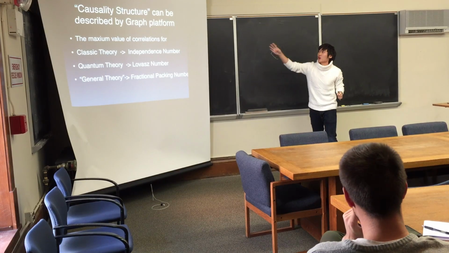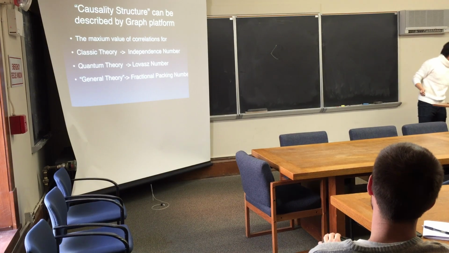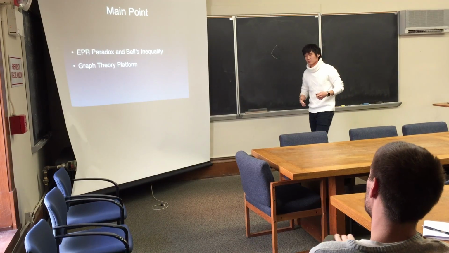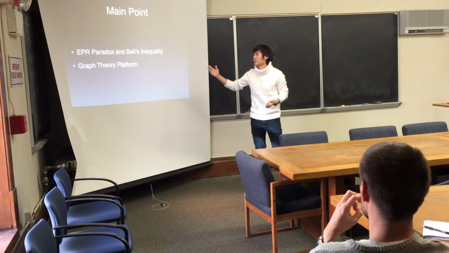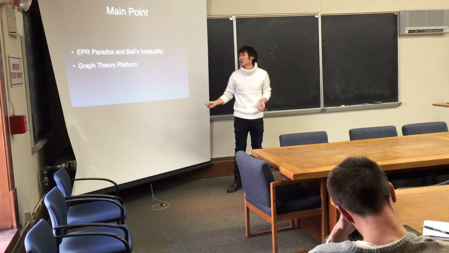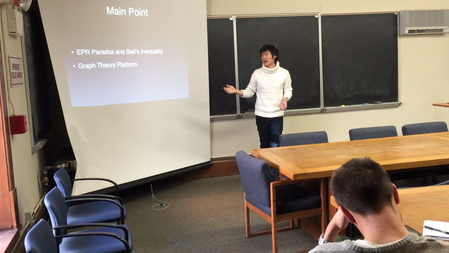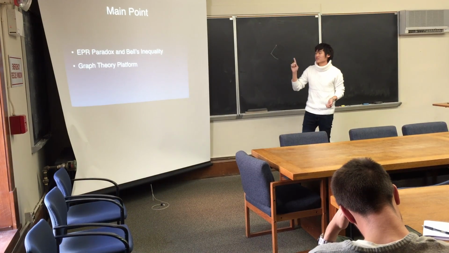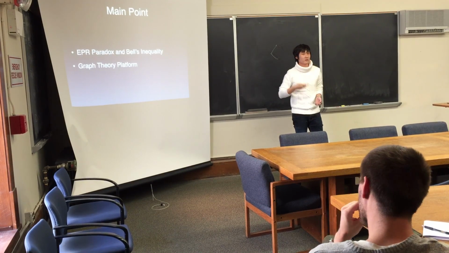I will call this the graph platform. But before we get to that platform, I need to give you some preliminary information to pave the road: the EPR paradox and Bell's inequalities. The E in EPR stands for Einstein, and that's a very famous paradox. Bell's theorem is actually the most famous no-go theorem in physics.